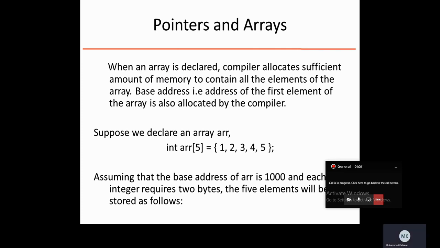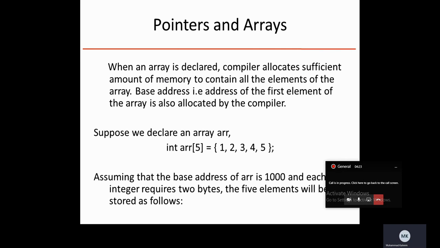Assuming that the base address of ARR is 1000 and each integer requires 2 bytes. Remember, in C, an integer requires 4 bytes, but just for the sake of explaining, here we have considered that each integer requires 2 bytes.